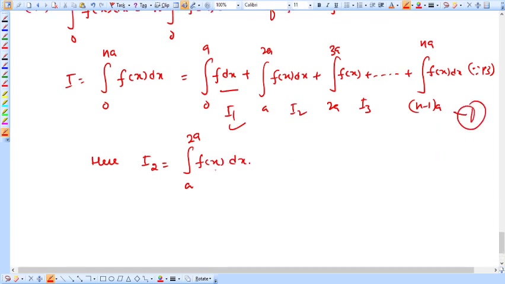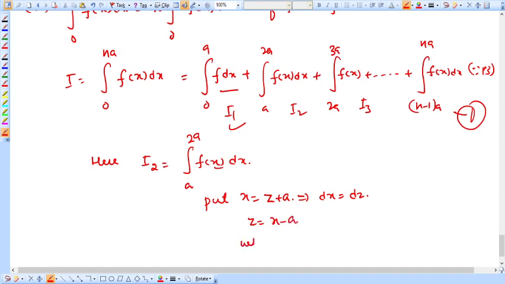So I2. Okay, so for this put x is equal to x इक्वल टू आप पुट कीजिए इसको z प्लस a. Okay, and this implies dx is equal to dz, right. Also from here z is equal to कितना आ जाएगा, x minus a, right.